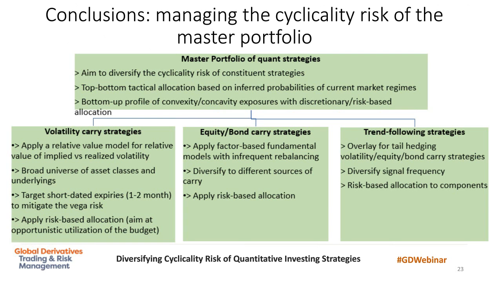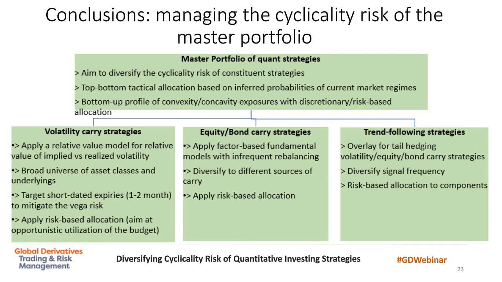And finally, to conclude, I think what is important is three things. First is to ensure that each strategy has a positive expectancy, that it has some sort of filter, and to understand in what regime the strategy is likely to outperform.